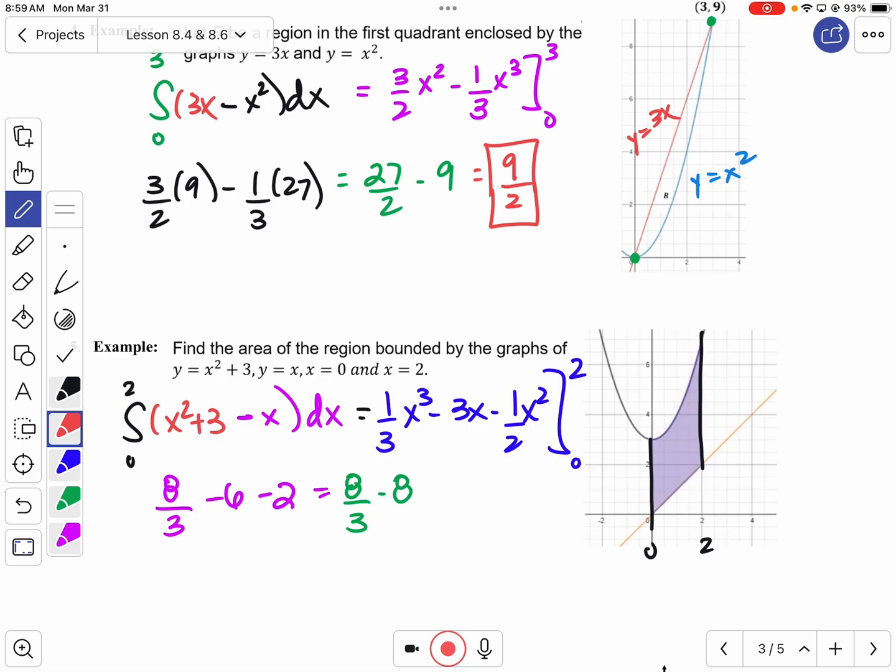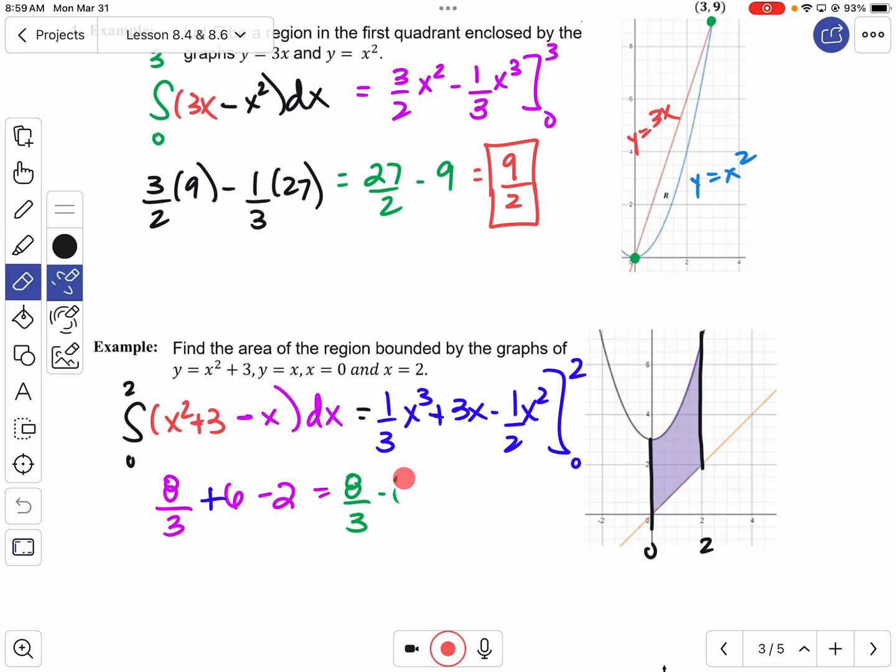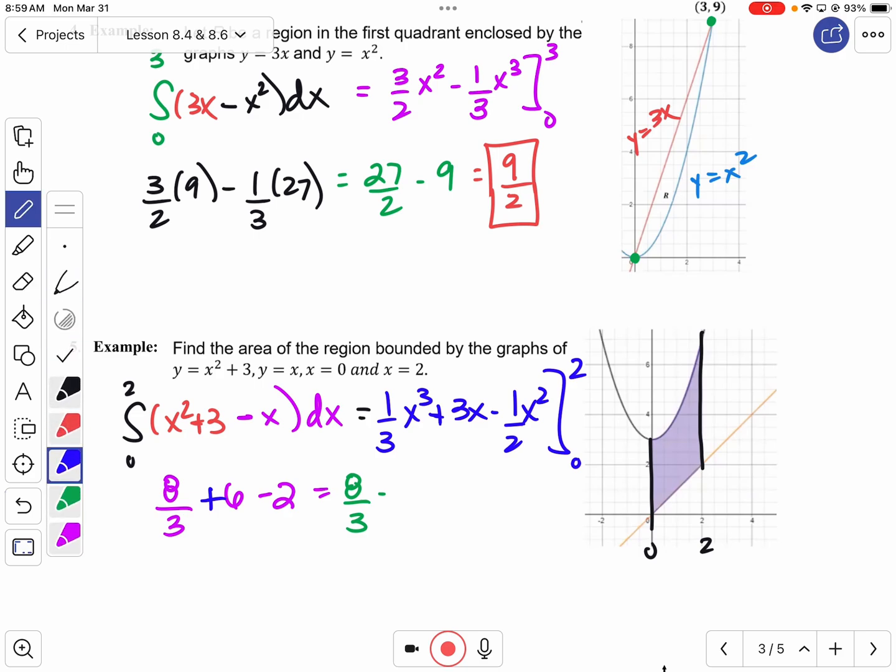It helps if you write the problem down correctly. Okay, x squared plus 3 and then minus x.